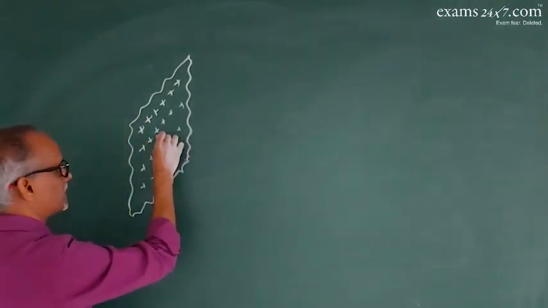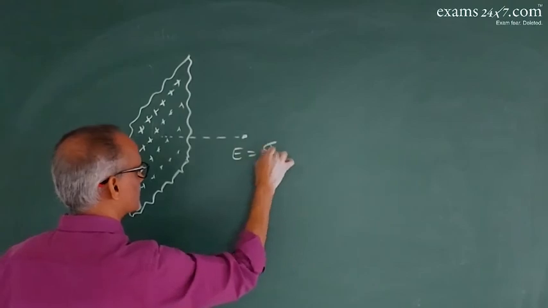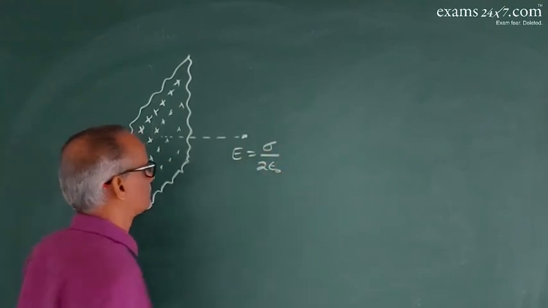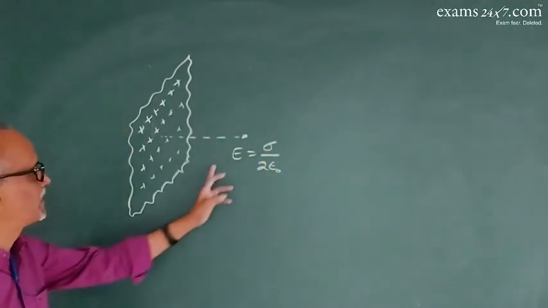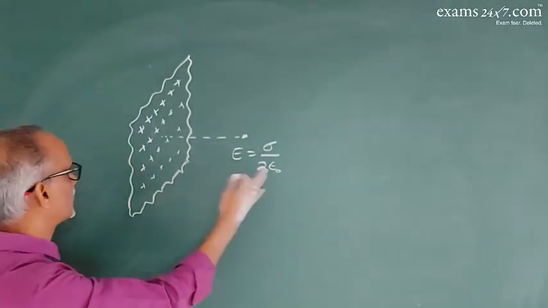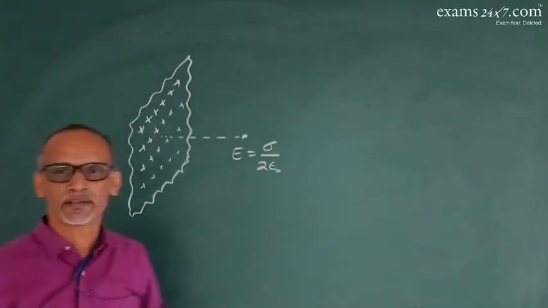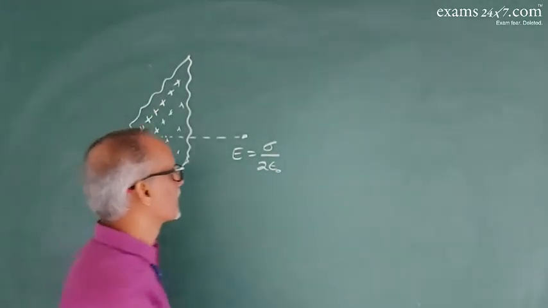So the field around it at any point is given by E is equal to sigma by 2 epsilon naught, and is independent of the distance. That means this field is uniform throughout in either direction. Sigma is the surface density of this thin charged sheet.